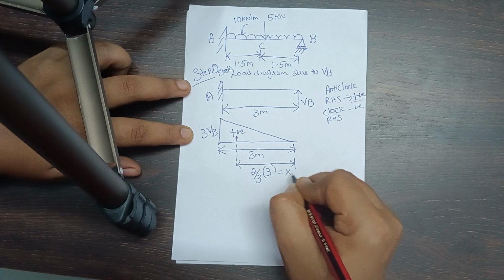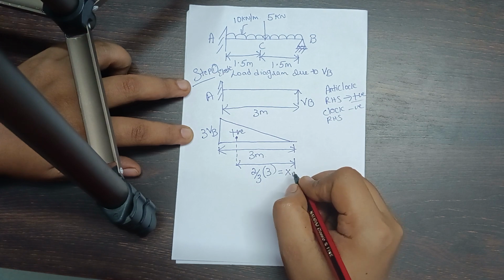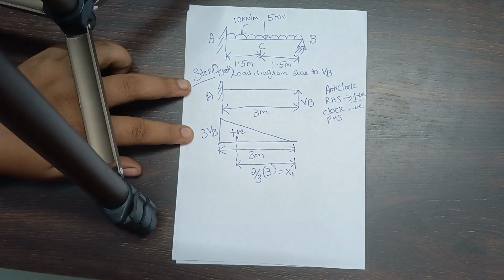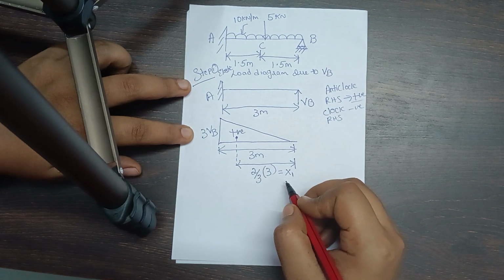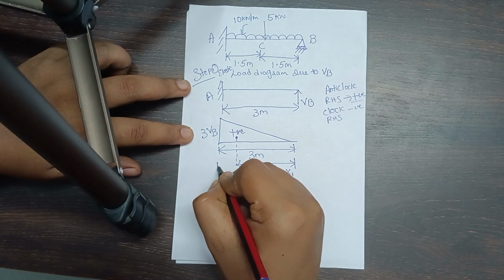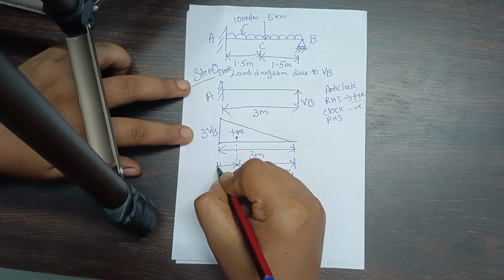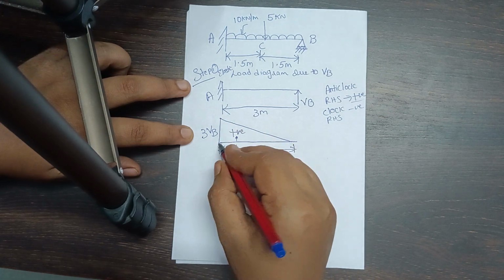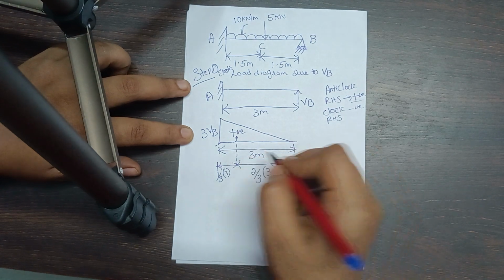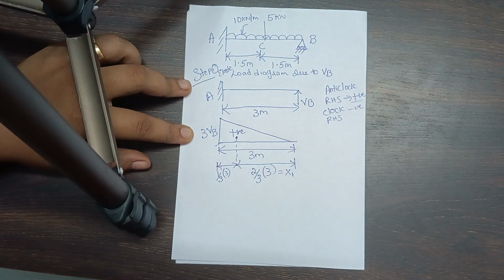I consider this as x1, so x1 will be equal to 2 by 3 of 3, and the other is one third of the base distance. So this is from the A side and this is from the B side. So this is the elastic diagram with reference to the support reaction at B.